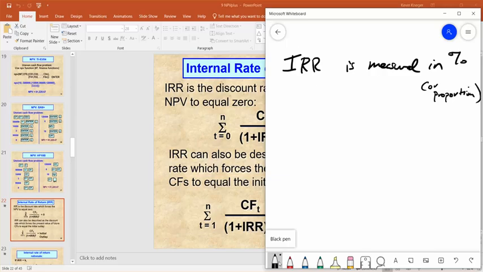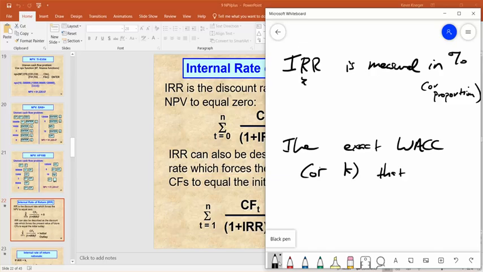NPV is, right? It's an internal rate of return, right? It's the exact weighted average cost of capital, or K, in your slides here. It's the exact level of cost that would make NPV equal 0 for the given cash flows.